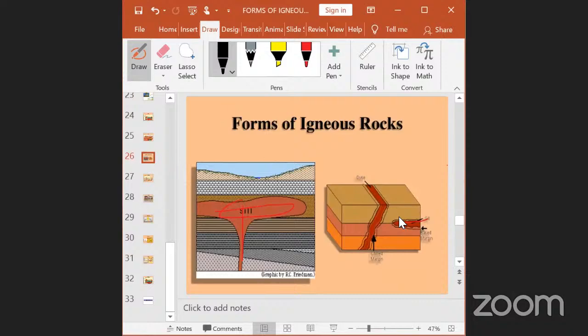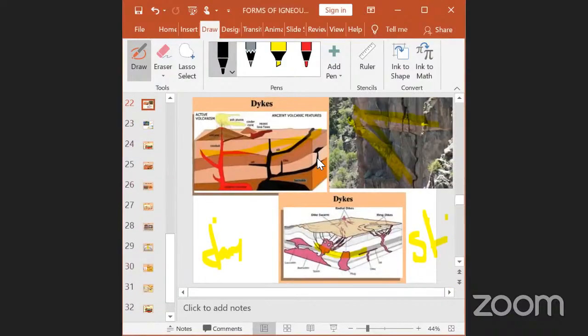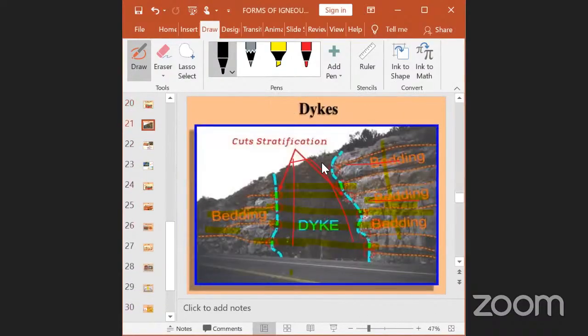These are the intrusive igneous rocks. You see some of the pictures here. This is the real picture of the dike, right? You see these bedding planes here. So the bedding country rock is cut by the dike, that is its shape.